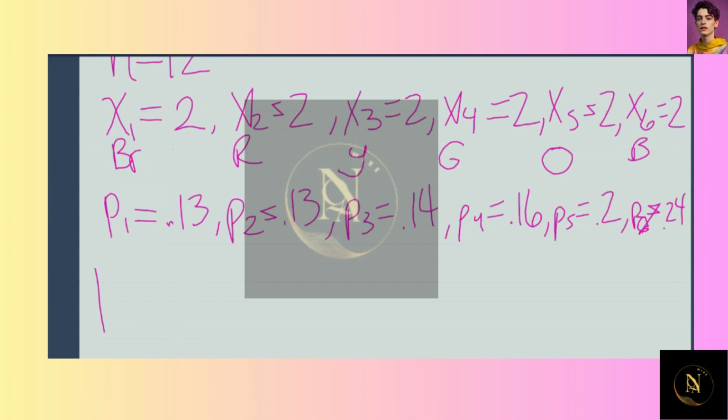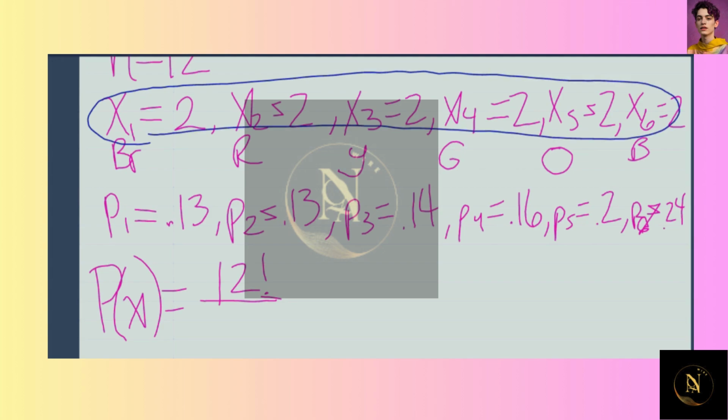So our formula is P, big capital P of X, and we need to start off with the n factorial on top of a fraction. In this case, our n is 12. So we got 12 factorial on top, and then all of our x1 to x6, all of those 2's have to be on the bottom getting multiplied.